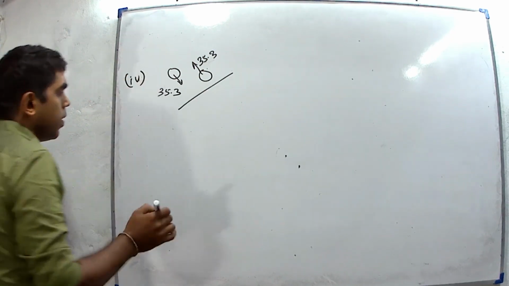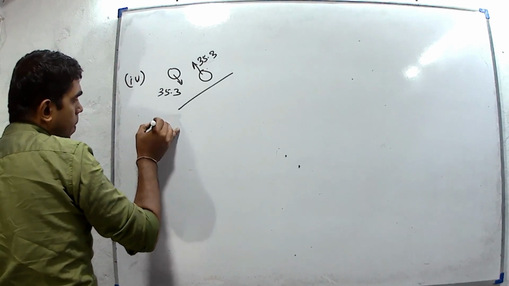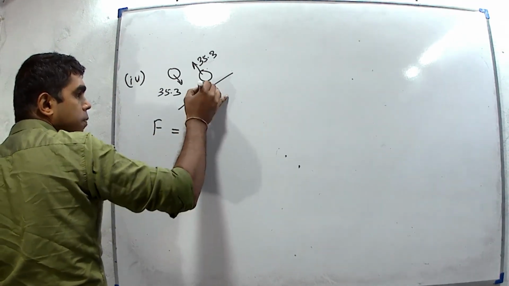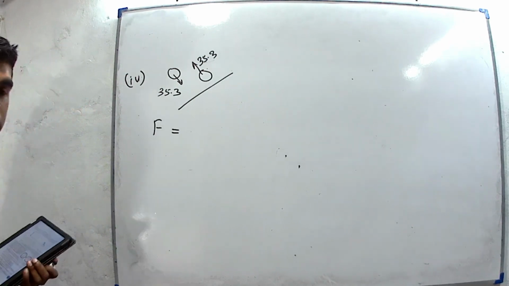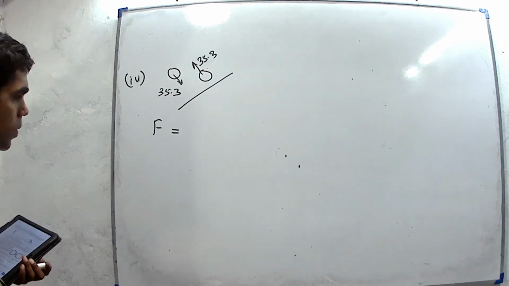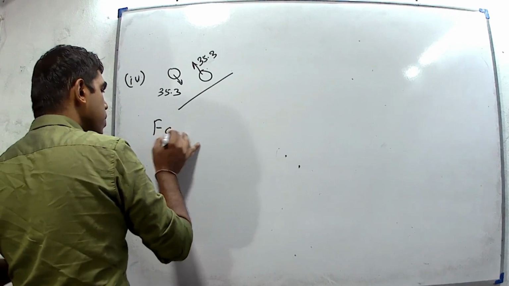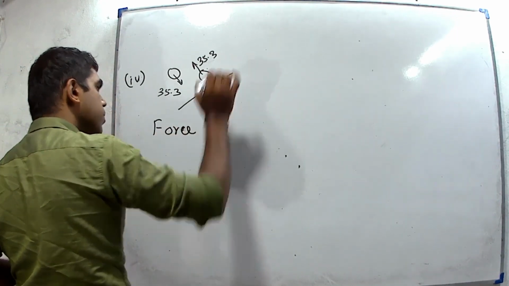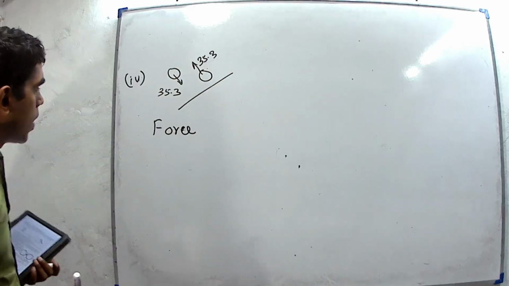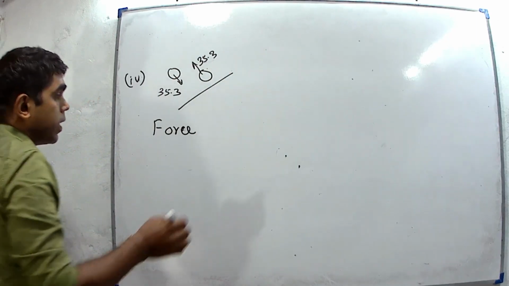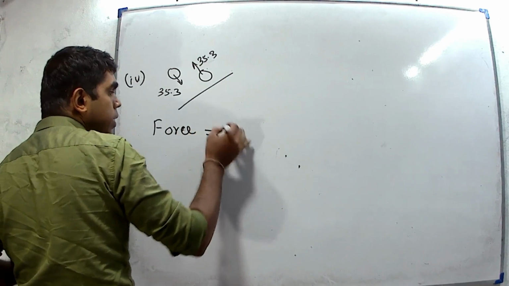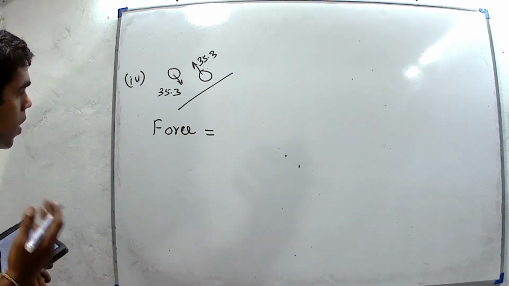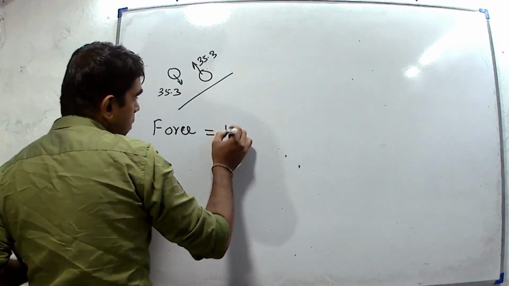Now we can get force on bat. I will consider force on bat. It is equal and opposite to the force on ball. We can write force on bat should be equal to rate of change of linear momentum of ball, mv.